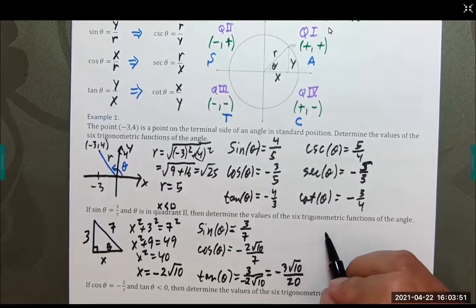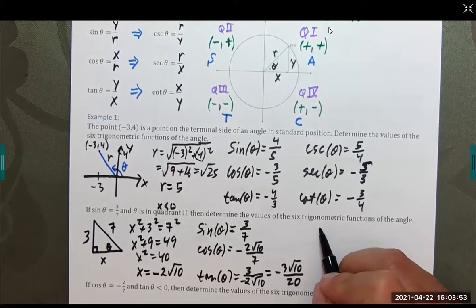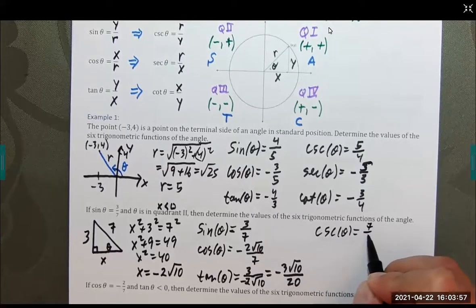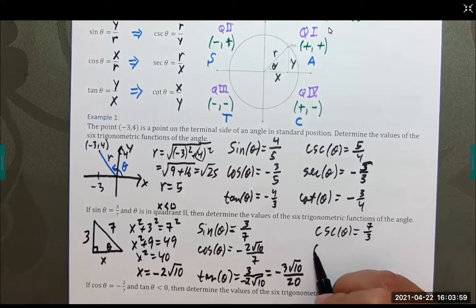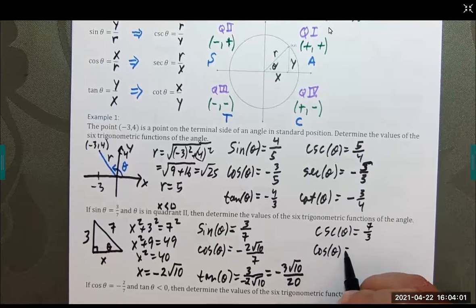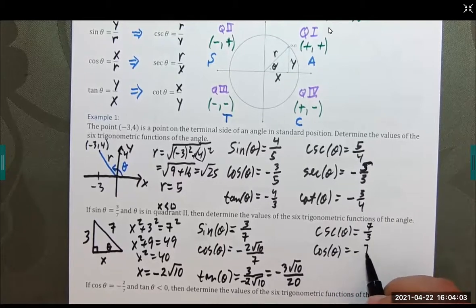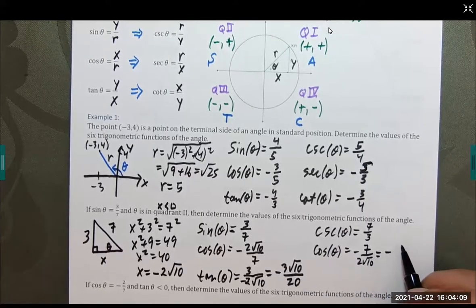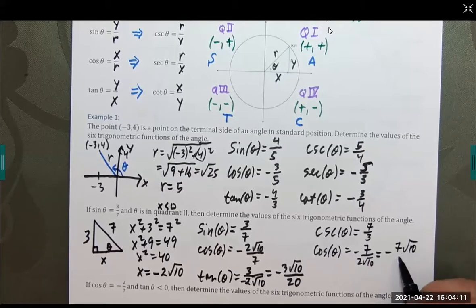So the other ones are just the reciprocals of these. So cosecant of theta is 7 over 3. Secant of theta is negative 7 over 2 root 10, which again rationalized is going to be negative 7 root 10 over 20.